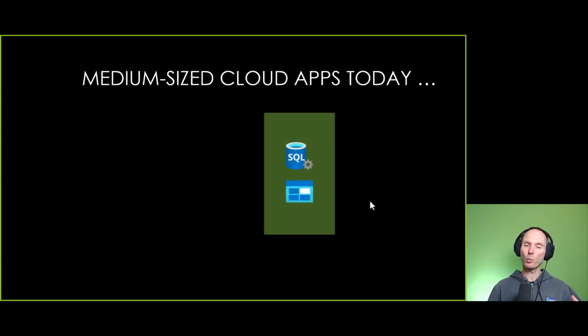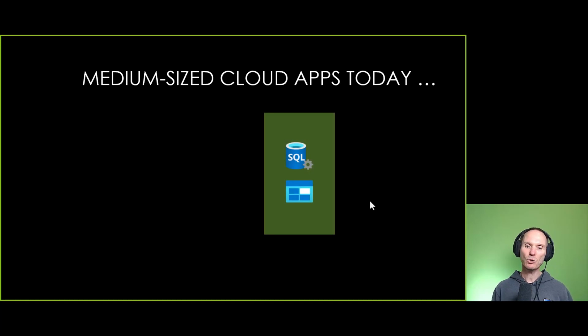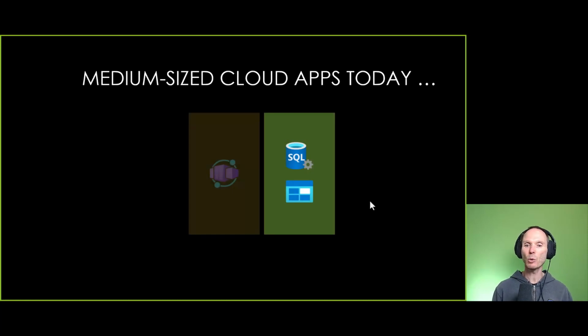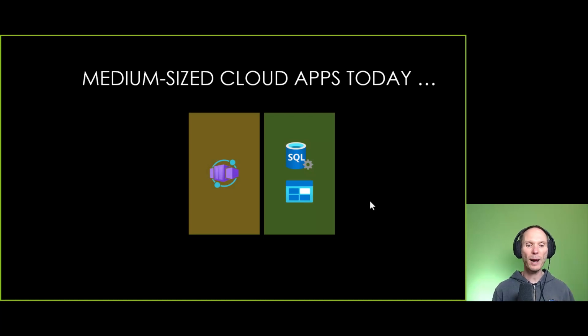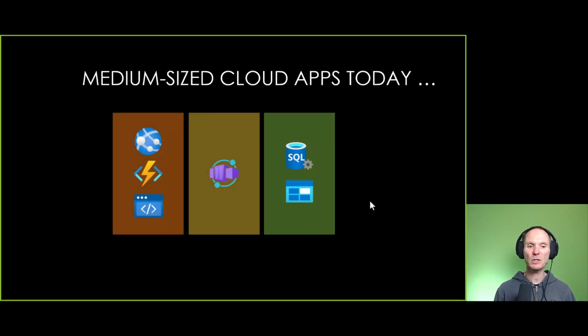So let's quickly talk about what the core problem is. I have been a software developer for many years, and my core expertise is building distributed systems. And if I think back how I build medium-sized cloud apps today, in many situations I have a database or some kind of relational or NoSQL database. I have a bunch of web servers or container runtime environments on top of it.